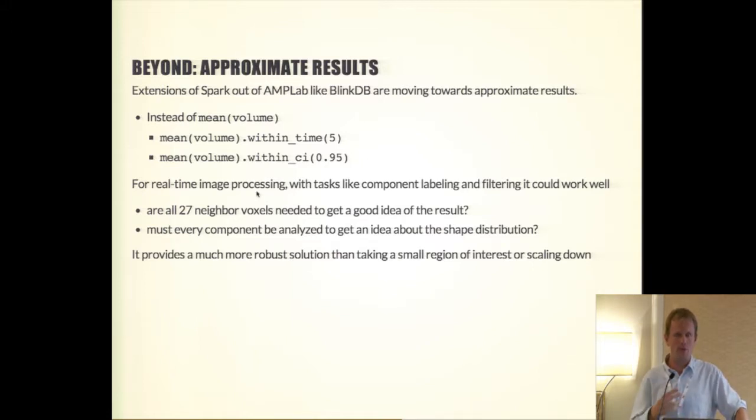Particularly for filters on images, if you're just trying to blur your image, you probably don't need all of the neighbor pixels, just a couple of them. That could be done very quickly without necessarily downsampling.